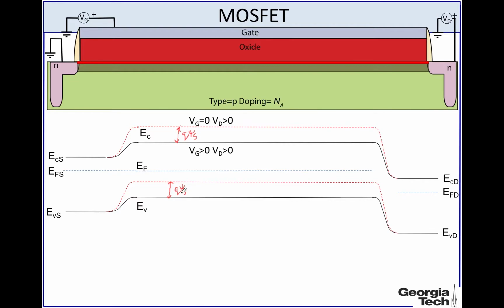Now the important thing to note from the perspective of a barrier model is that electrons flowing from the source to drain see a smaller barrier when you apply a gate voltage. For 0 gate voltage, you had a larger barrier. By applying a gate voltage, you have reduced the barrier height by Q psi s. So now a larger current can flow from source to drain. This is the essence of the barrier model.